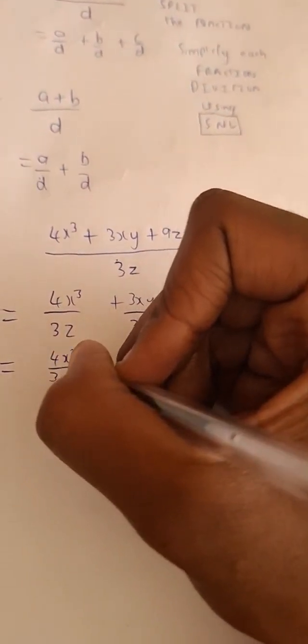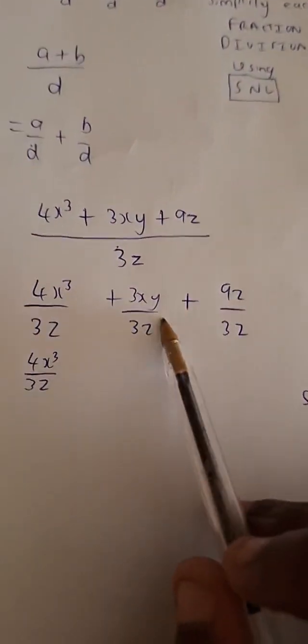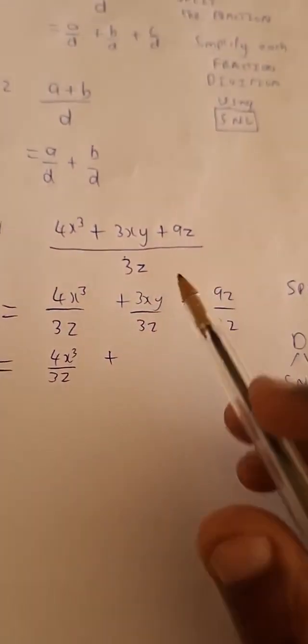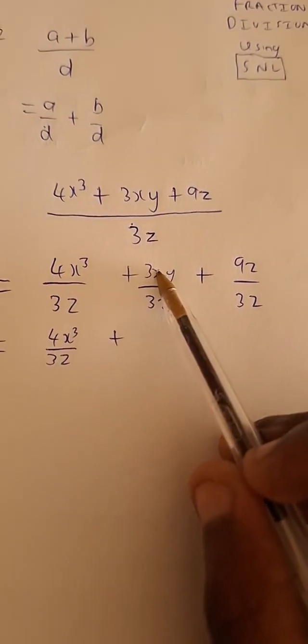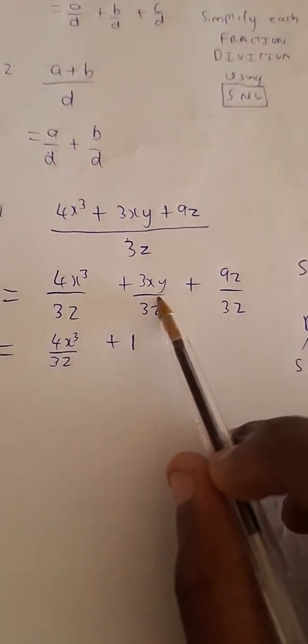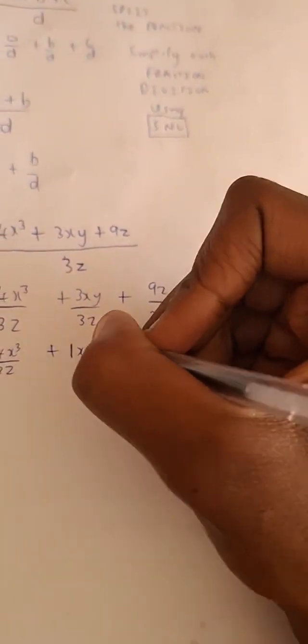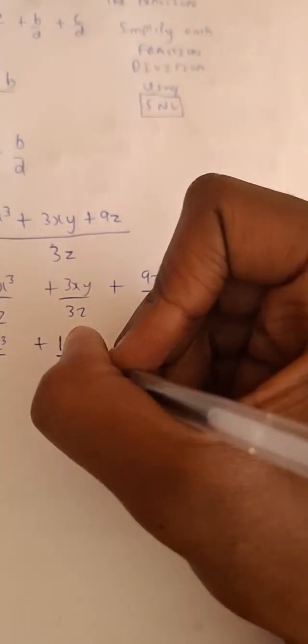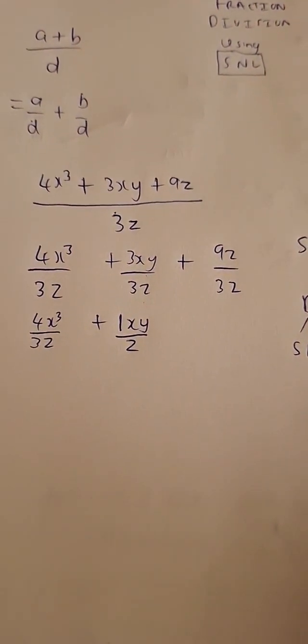It's x over 3z, no simplification there. Plus 3xy over 3z: 3 divided by 3 is 1, x is in the numerator and z in the denominator.